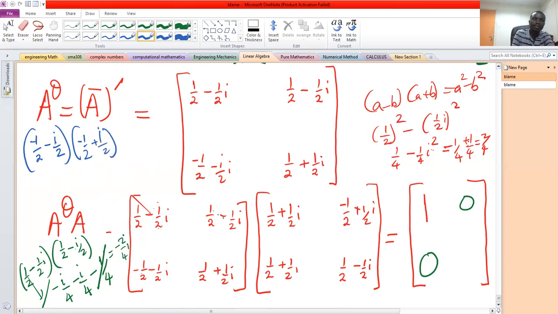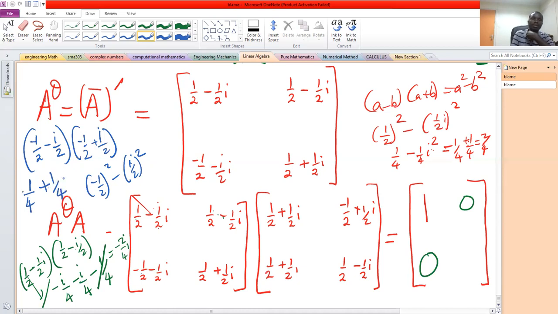You see this is still a difference of two squares. So it's the same as negative a half squared minus I over 2 squared. Minus a half squared is 1 over 4. I over 2 squared is I squared over 4, and I squared is minus 1, so minus minus is plus.